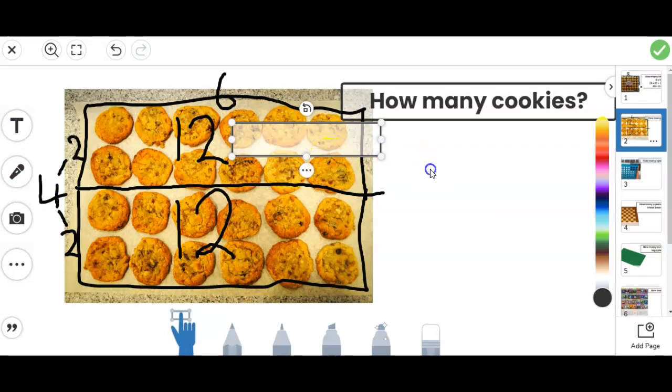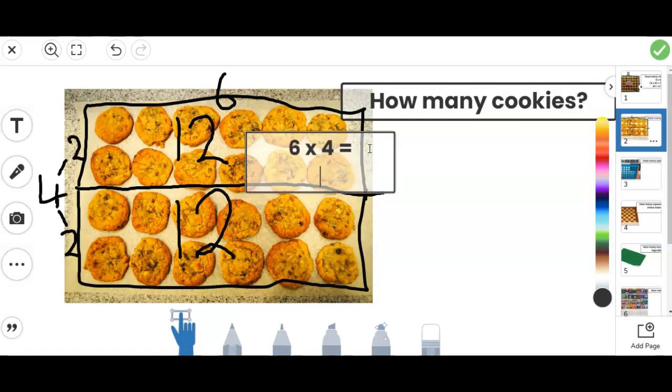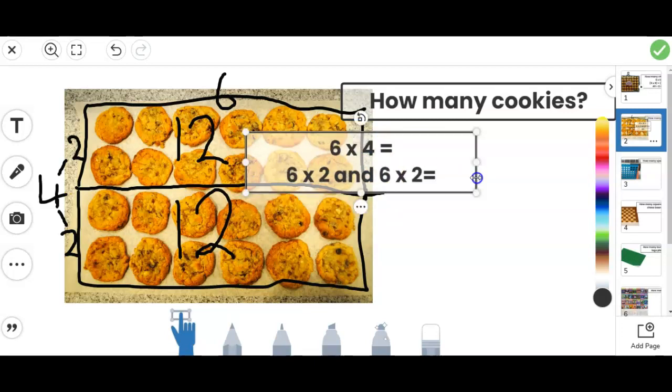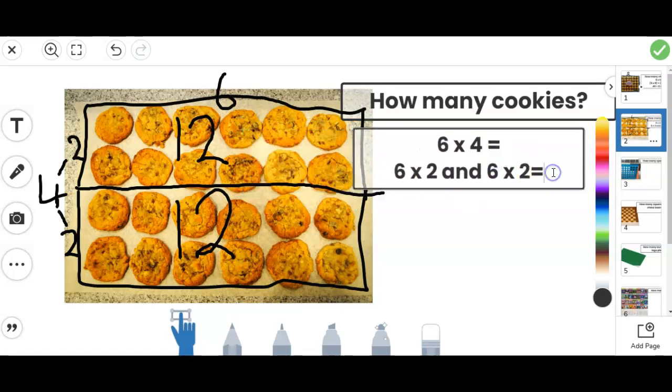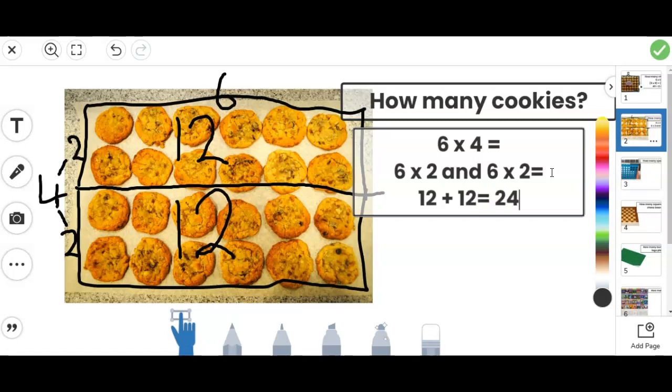So, I've got 6 times 4, and I broke it apart into 6 times 2 and 6 times 2. Equals. Then I worked out that 6 times 2 is 12, so I've got one lot of 12 plus another lot of 12, and my answer is 24.